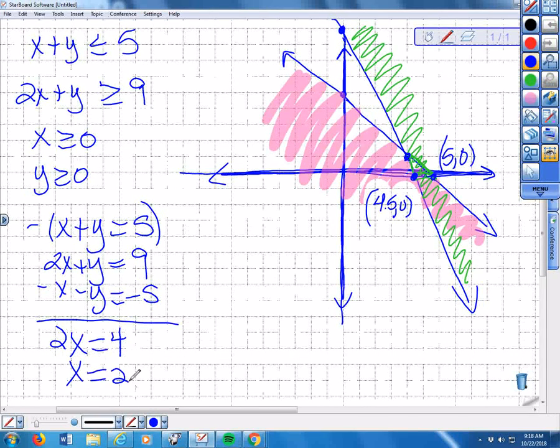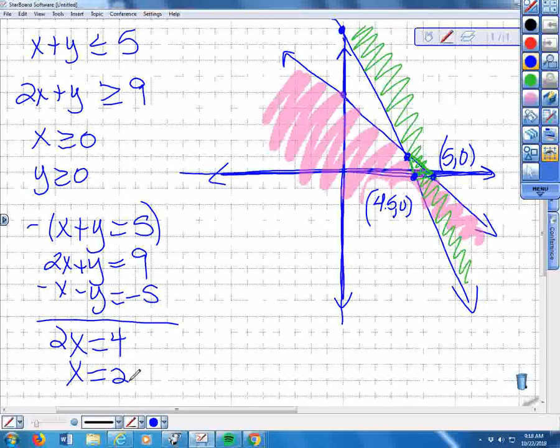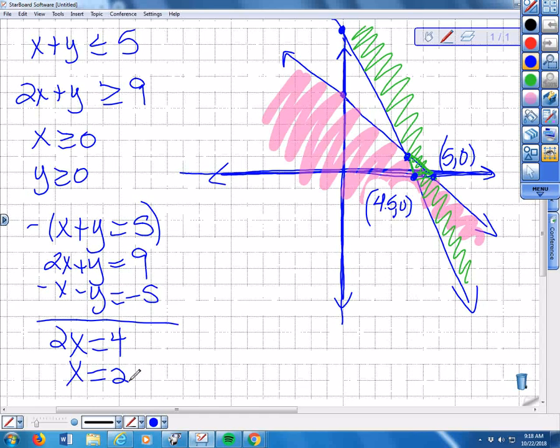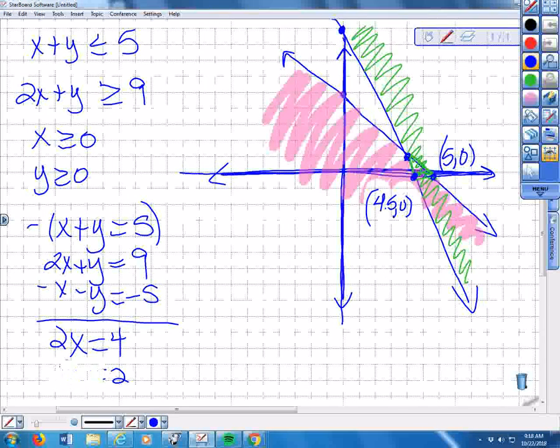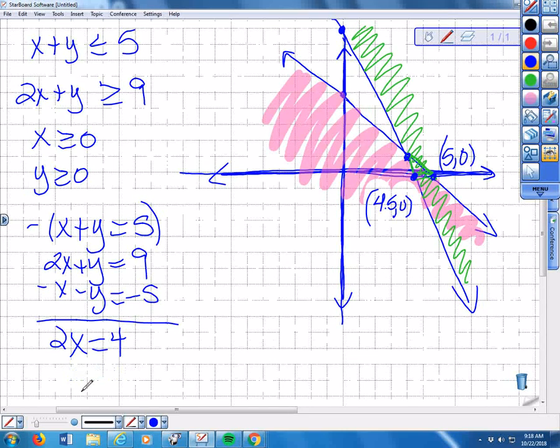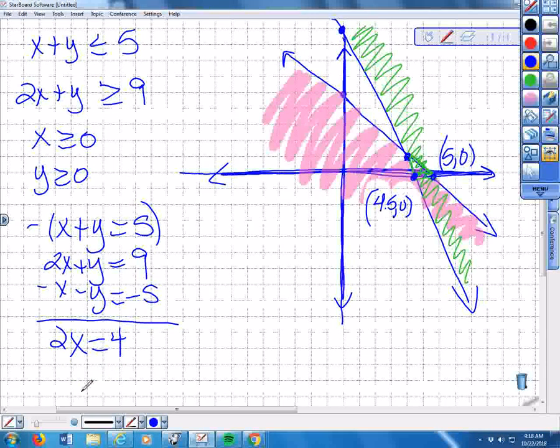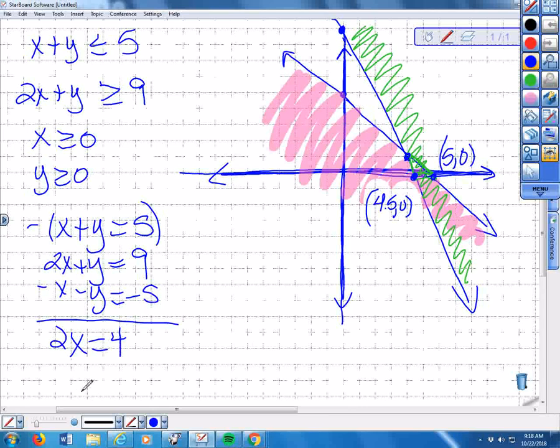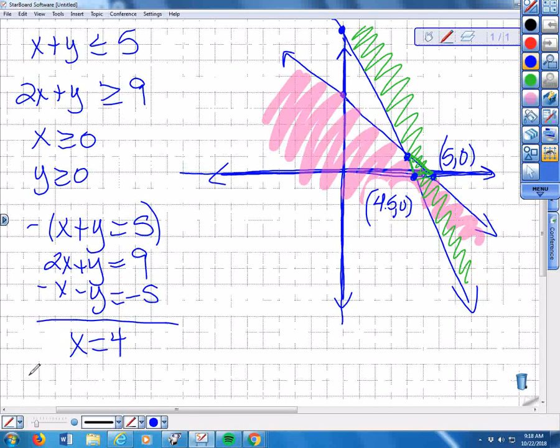So I know x is 2. No, x is 4. Why? Because 2x minus x equals 1x. 2x minus x is x. Thank you. Yeah, so x is 4.